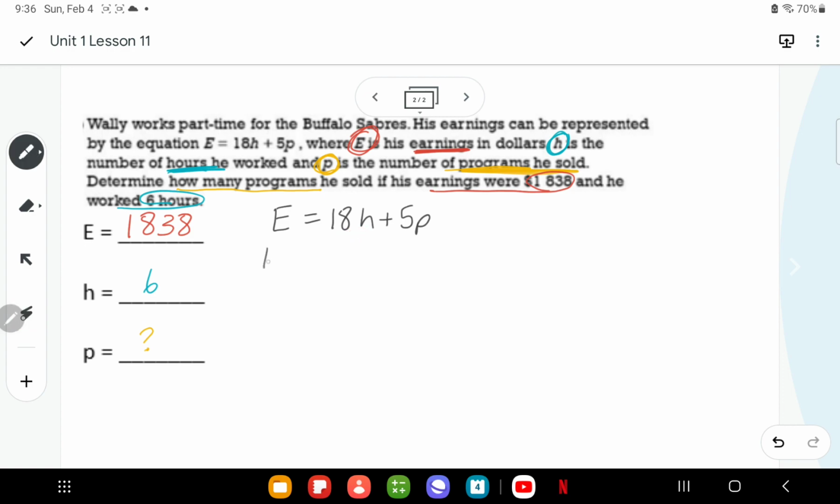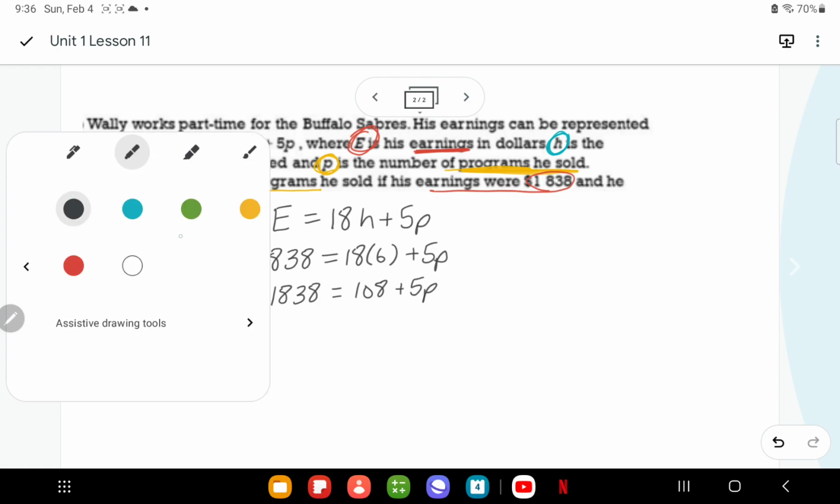Don't forget to use brackets when you sub in. So 1838 equals 18 times 6 plus 5P. We do have to simplify a little bit because I've got that 18 times 6. So 1838 equals 18 times 6 is 108 plus 5P.